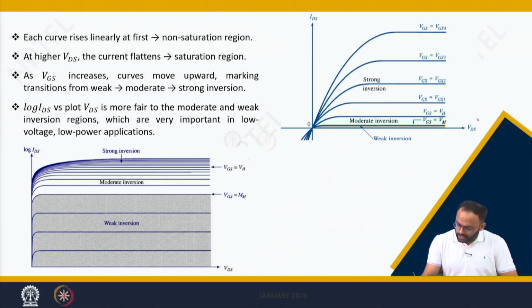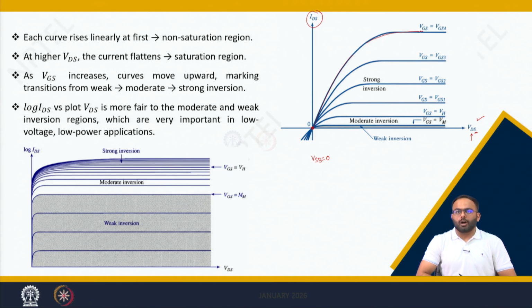This graph is nothing but the extension of the previous graph, where we are taking source as the reference point. If source is the reference point, you can consider VSB equals 0, because you are measuring the drain voltage with respect to source. If you see, the first part of this graph rises linearly, and after a certain point it gets saturated.